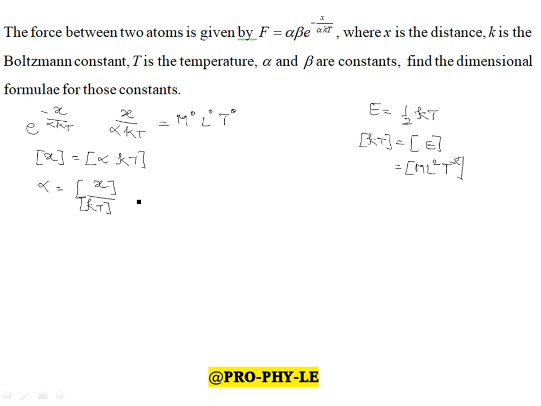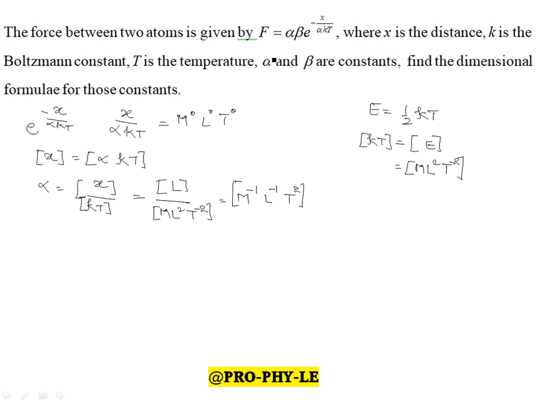And x is given as distance, so x is L and kT is M L square T power of minus 2. So this will be M power of minus 1, L power of minus 1, T power of 2. This is the corresponding dimensions for alpha.